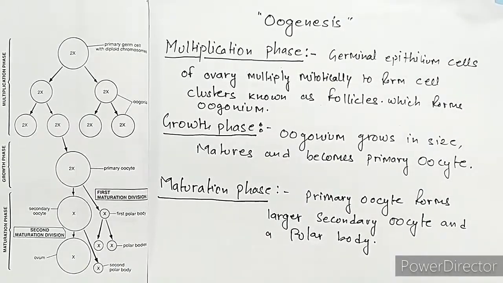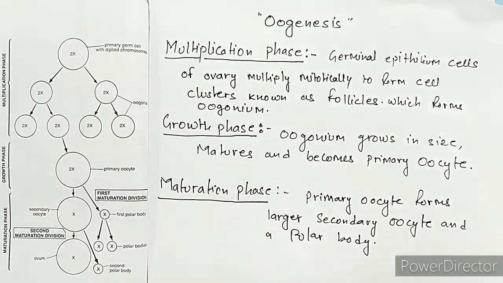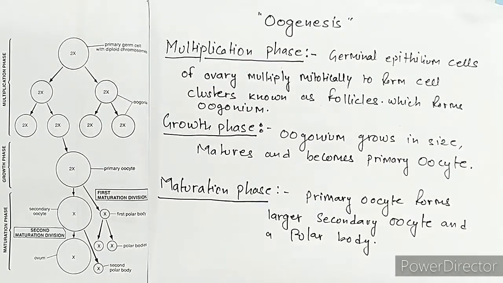Now, oogenesis. Oogenesis is the formation of ova in the ovary from primordial germ cells.